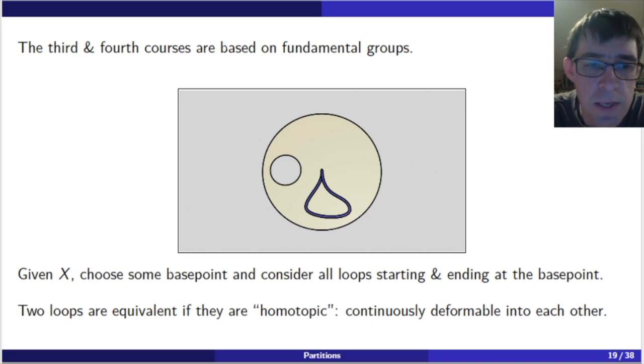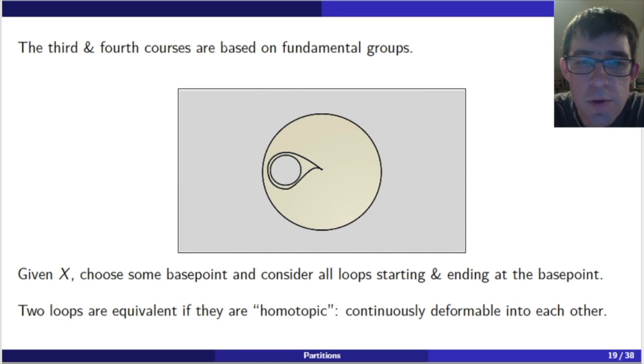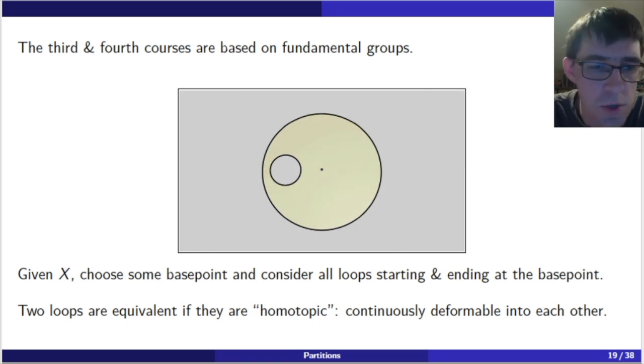Given some space, you choose a base point, which in this case is that point right in the middle. And you consider all of the loops which start and end at that base point, and we consider 2 loops to be equivalent if they're homotopic. That is to say, you can continuously move one into the other. So here's one loop, here's another loop from the same base point, and those 2 are homotopic because you can move one into the other one smoothly.